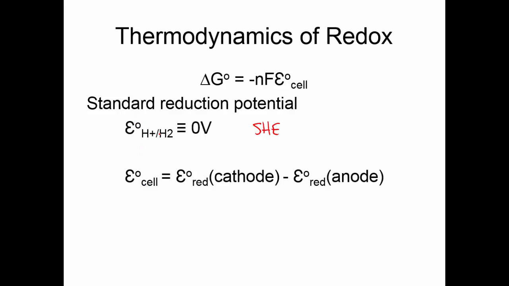So once we know our reduction potentials, we can calculate the cell or the electrochemical potential of the reaction by looking at the reduction half reaction at the cathode, what that standard reduction potential is, and subtract it from the standard reduction potential of the half reaction at the anode, which is the oxidation half reaction.